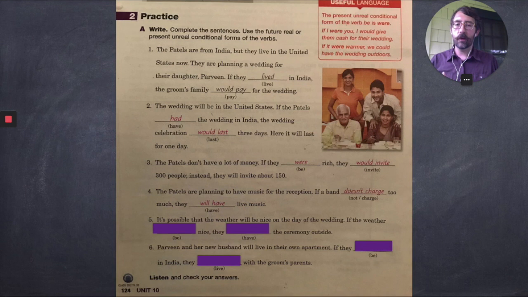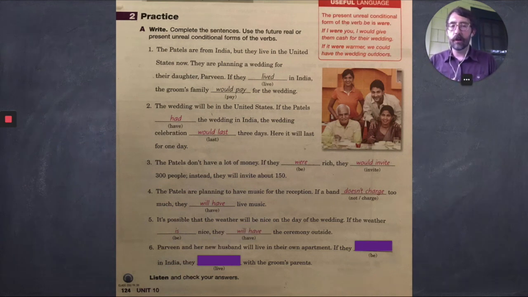If the weather, so with the future real, the be verb behaves, acts like it normally does. So the weather is a third person singular, so we're going to use is. If the weather is nice, again, future real, they will have the ceremony outside.